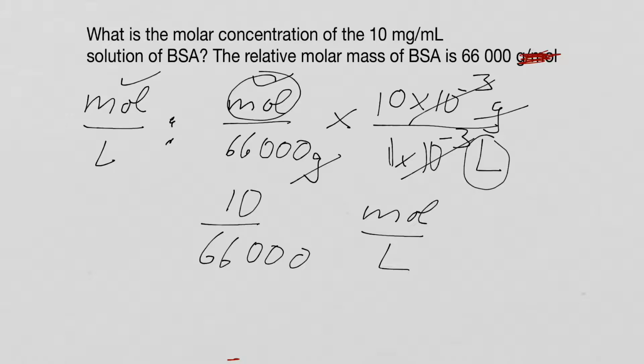You just put that into your calculator and you get 1.5 times 10 to the minus 4 mole per liter. Did you get that? Yeah? Does it deserve an Alexander? Simples? It is simples, isn't it?